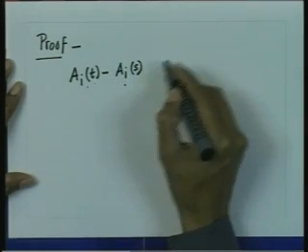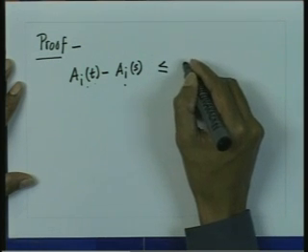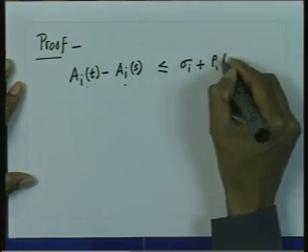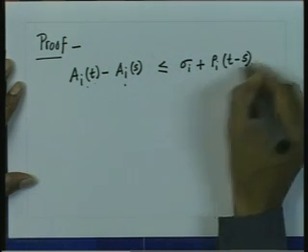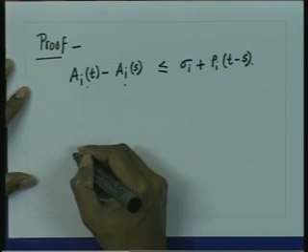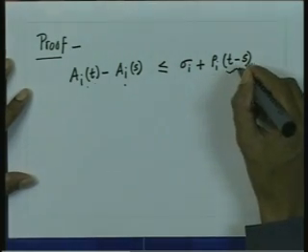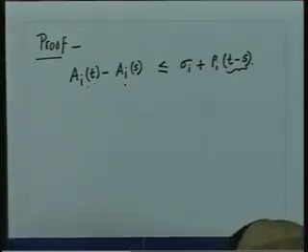Since this traffic is rho sigma regulated, this will be less than or equal to sigma i plus rho i times (t minus s). Note that in our previous discussion we were using t for the time interval.